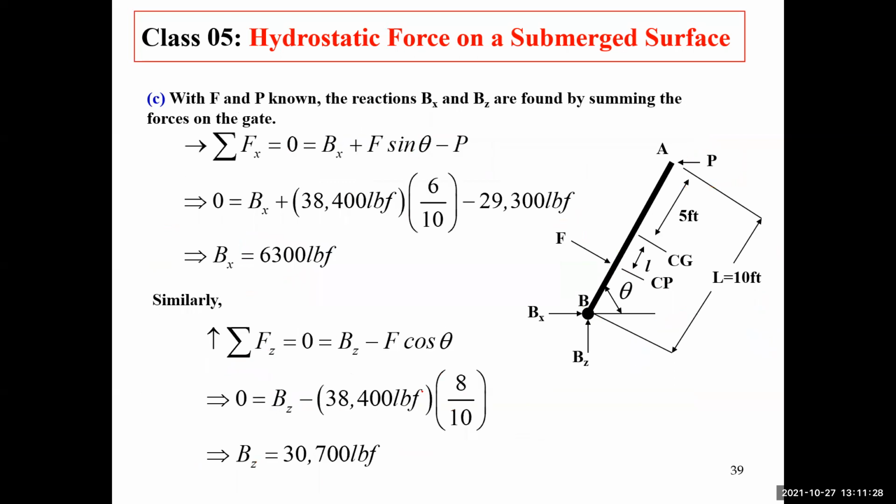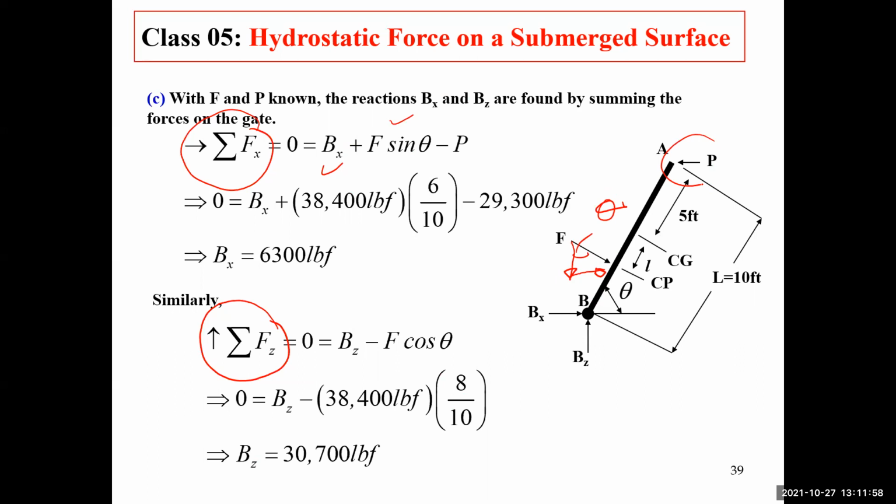And continuing on, as we've done before, we are following the path. We know that summation of forces in the x direction, I have plus B sub x. And as before, I break F up into x components and y components. I know that this is the angle theta. So plus F times the sine of theta minus P is 0. So that allows me to find the value of B sub x.